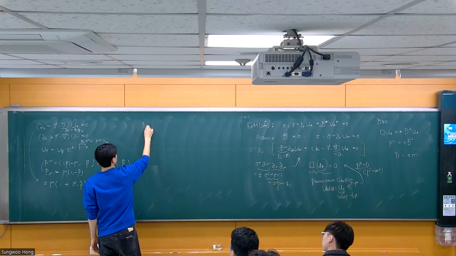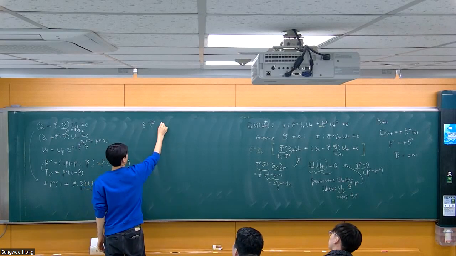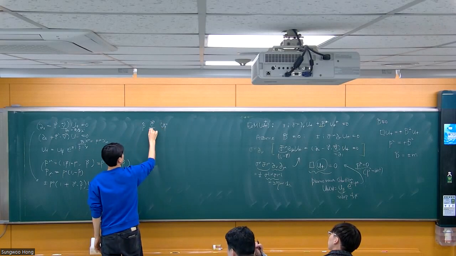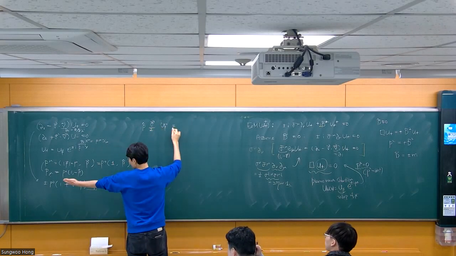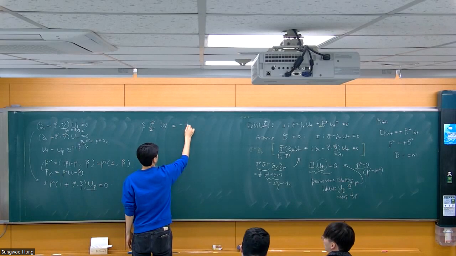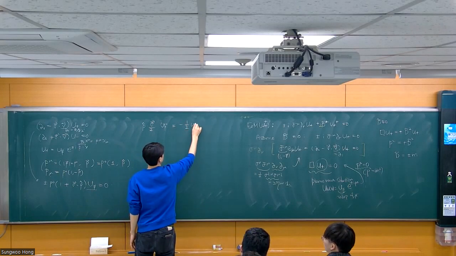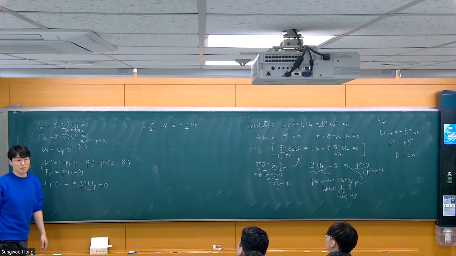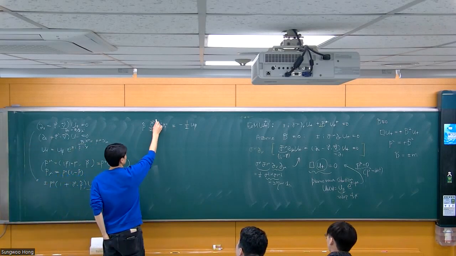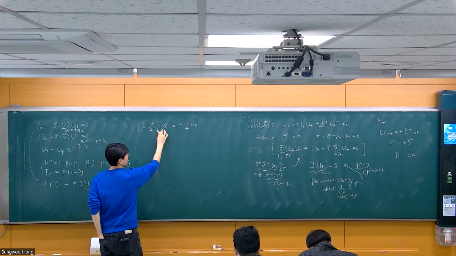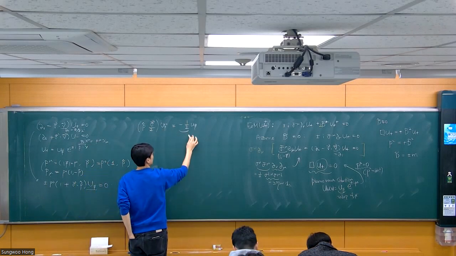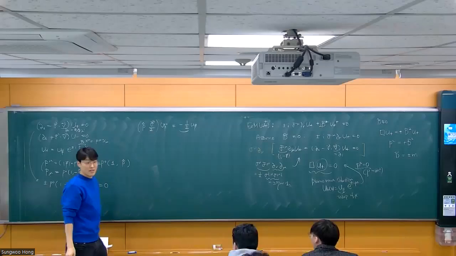Sigma dot p hat acting on the up, let me divide it by 2. Then the 1 gives me minus 1 over 2 up. Okay, so it looks like there's an operator acting on this function with the eigenvalue minus half.